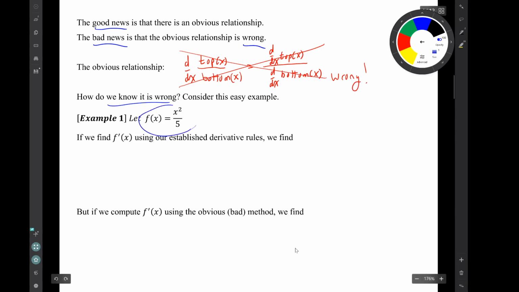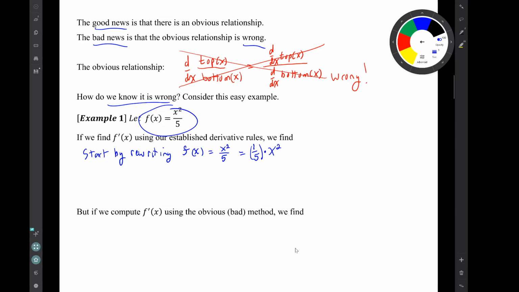Let f of x be this function. So let's find f prime using our established derivative rules. Well, that will involve first rewriting the function. So recognize that x squared divided by 5 is the same as 1/5 times x squared.